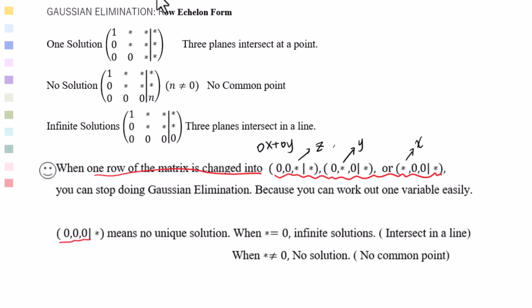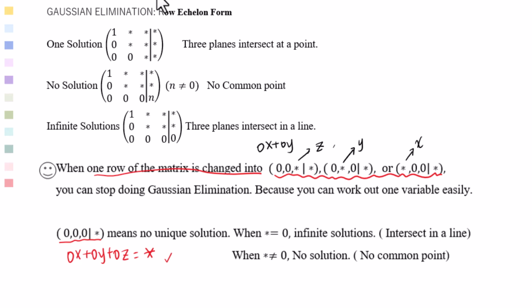When one of the rows of the matrix changes into this pattern, 0x plus 0y plus 0z equals star, it means no unique solution. When star equals 0, this is always true.